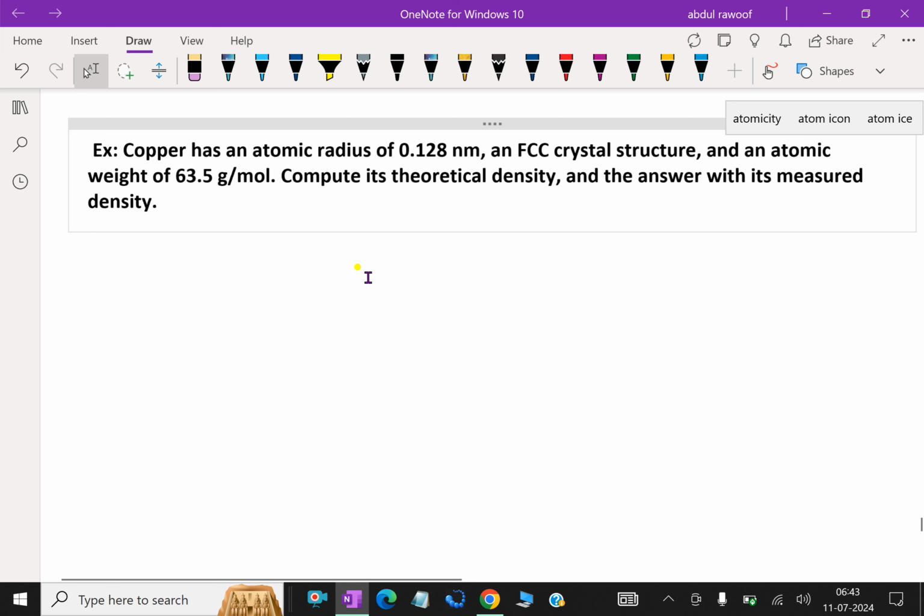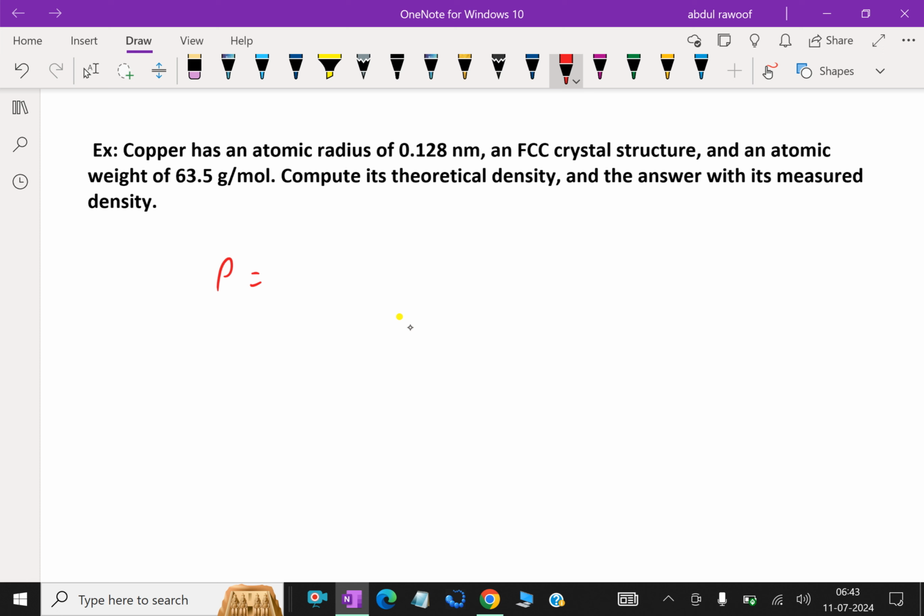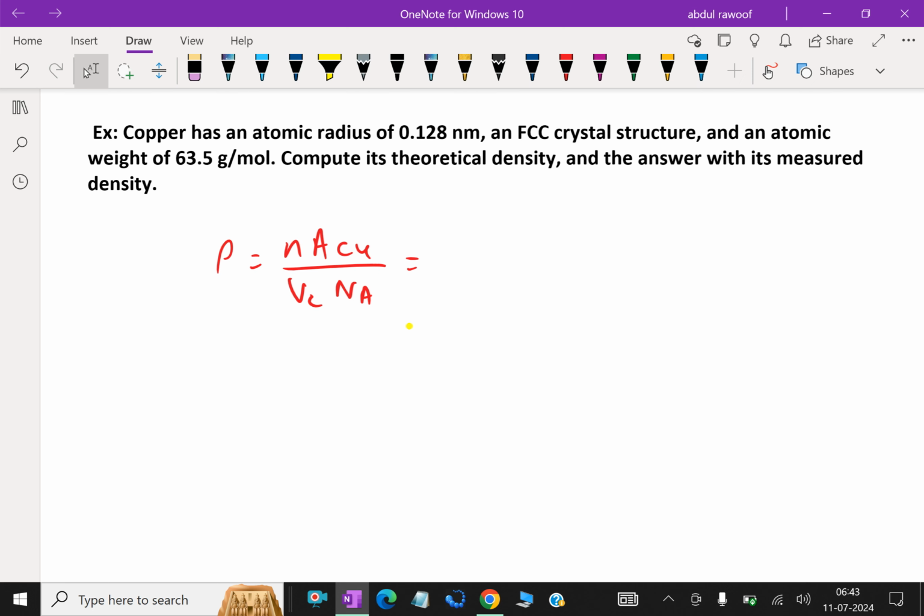Next, we know that density is given by the formula n times A copper over Vc times NA. The number of atoms n is 4, because in a face centered cubic cell there are 4 atoms.